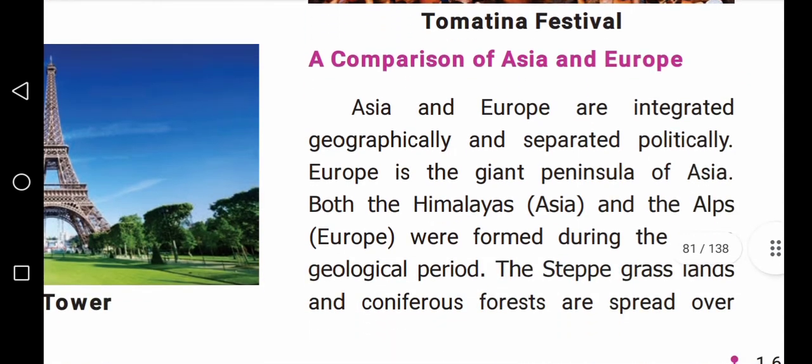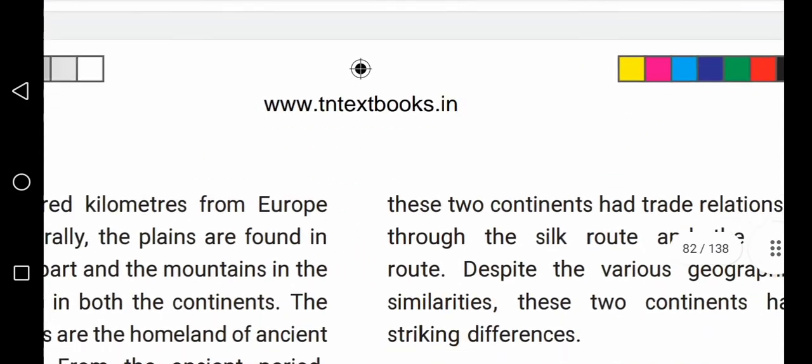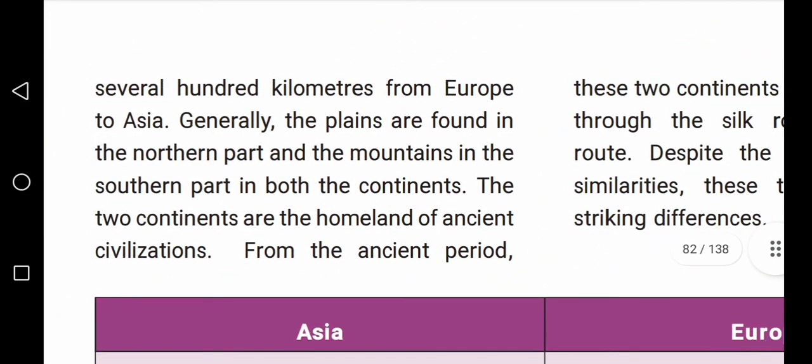The steppe grasslands and coniferous forests are spread over several hundred kilometers from Europe to Asia. Generally, the plains are found in the northern part and the mountains in the southern part in both the continents.